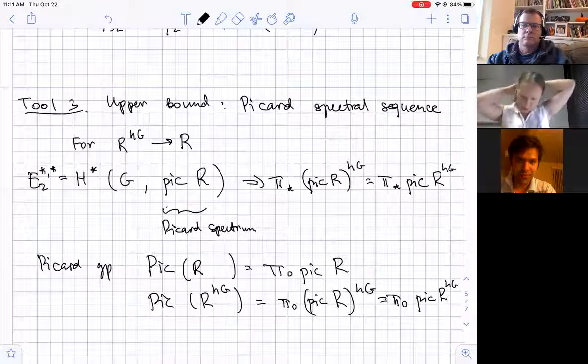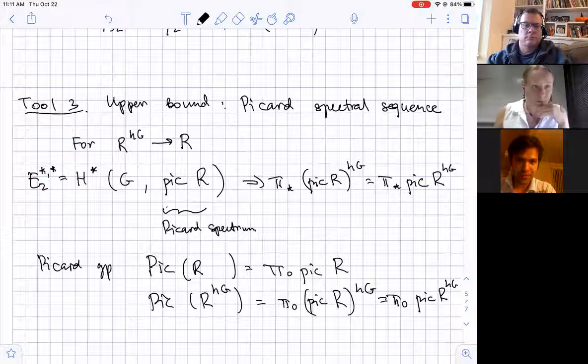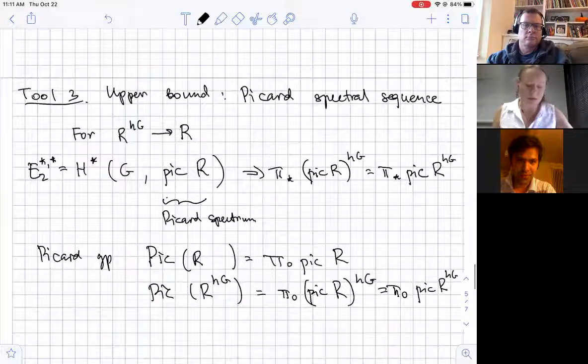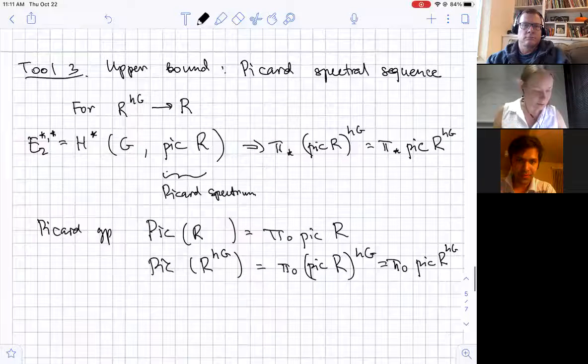So for a genuine G spectrum, the Picard groups for different subgroups assemble into a Mackey functor.